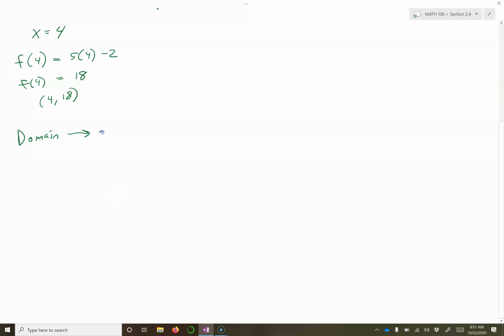So the domain are all values of the independent variable, so x, or whatever variable you use, it doesn't have to be x, all values of the independent variable to a function that results in a real number.